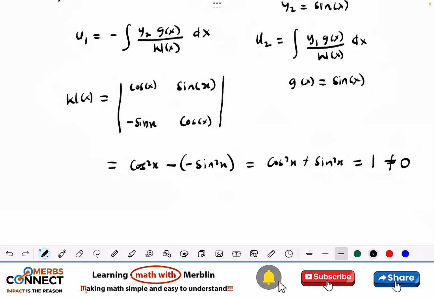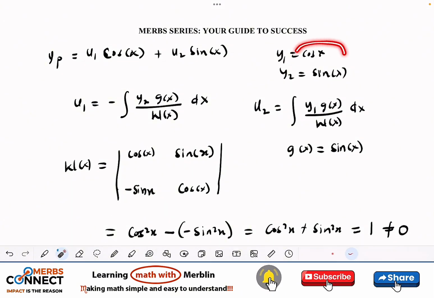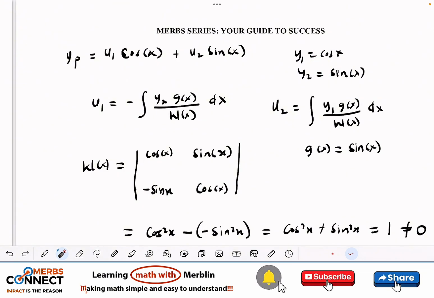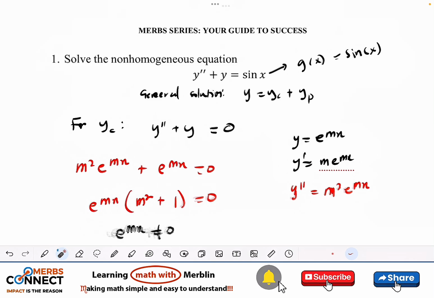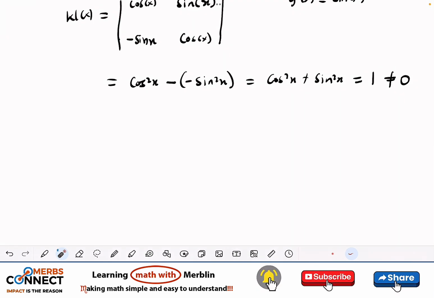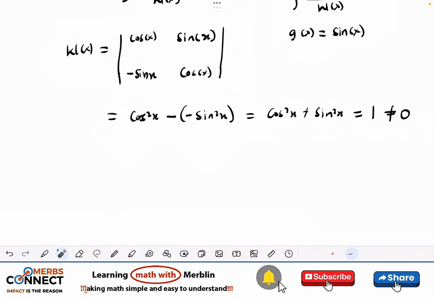Anytime the Wronskian is 0, it means our solutions y1 and y2 are not linearly independent. So y1 and y2 should be linearly independent, and if they are, when you find the Wronskian you will never get 0. That is basically what we wanted to do here.